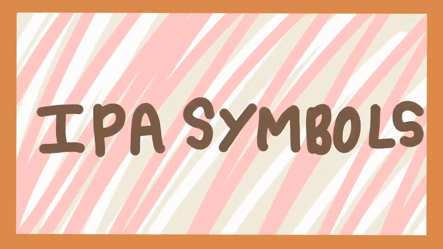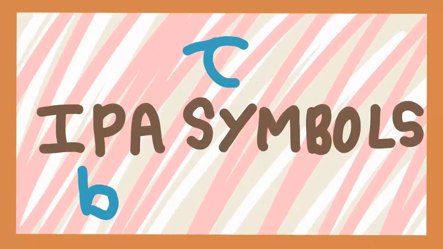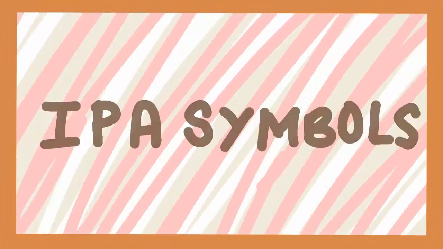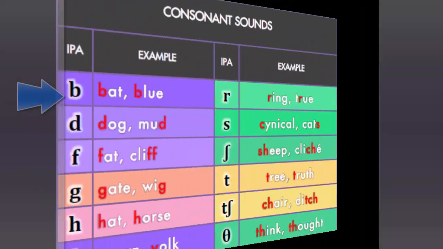In English, we have alphabets like B, C, D, F, G, and so on. But in IPA, we have symbols that represent sounds. They are as follows.